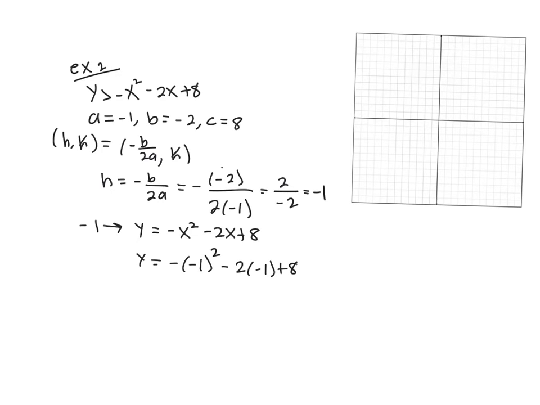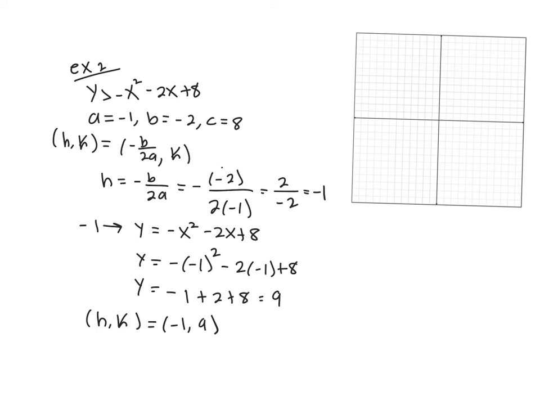Don't forget your parentheses when you're substituting. So this gives me negative 1 plus 2 plus 8. So 8 plus 2 is going to give you 10, minus 1 is going to give you 9. So my HK, or my vertex, is going to be at negative 1, 9.